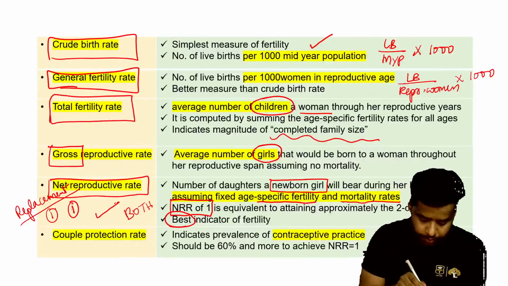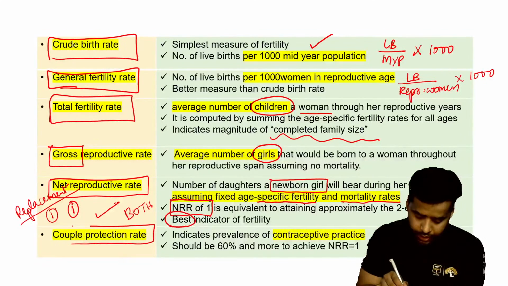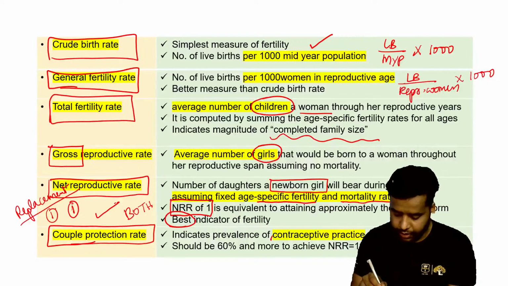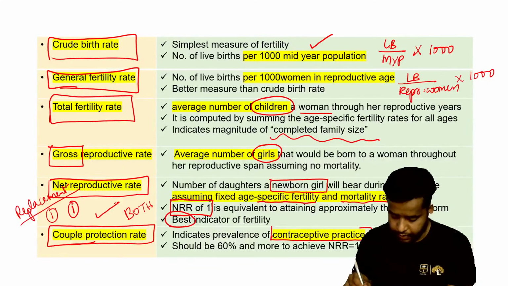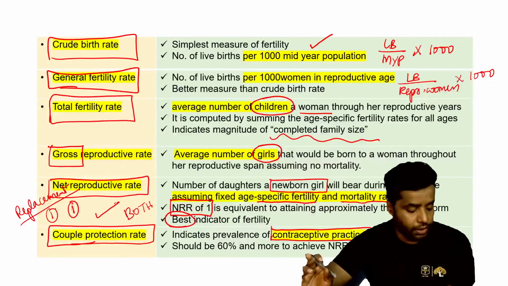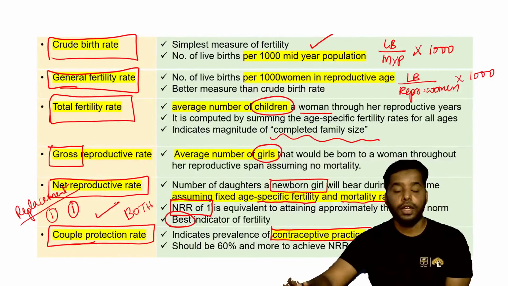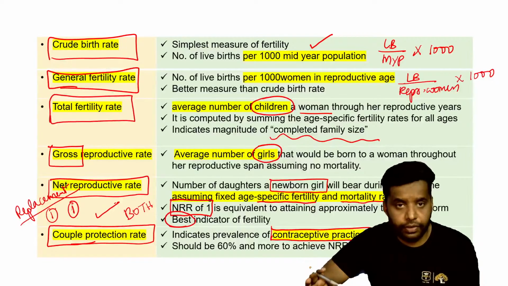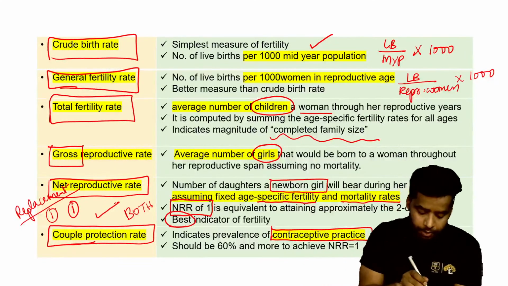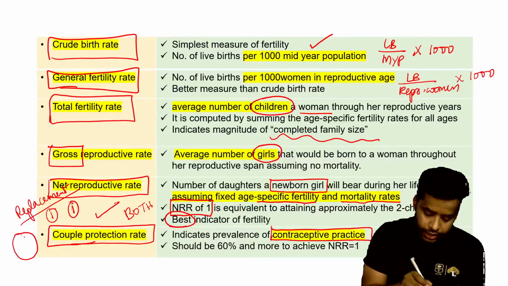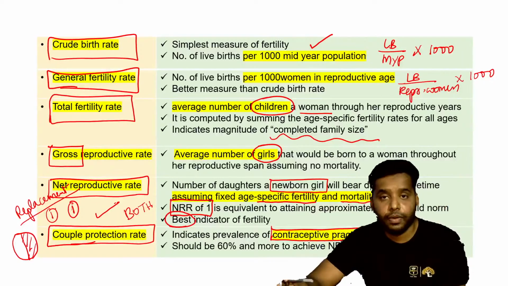Important. Couple protection rate means how many are using contraceptives in the population, indicating contraceptive practice. If everyone is using contraception, prevalence is 100%. If half are using, prevalence of contraception is 50%, like that. Couple protection rate indicates prevalence of contraceptive practice.